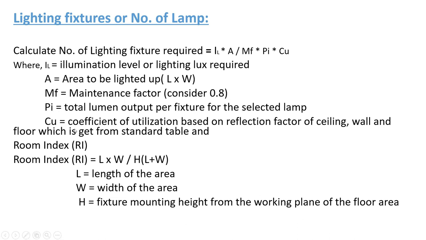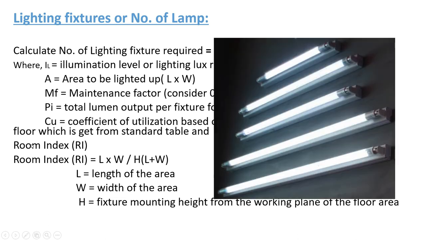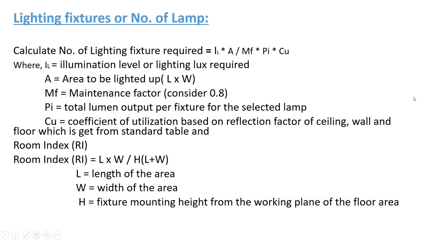in the PI. Then finally CU means the coefficient of utilization. This factor we get from three factors. It is based on the reflection of the light from the ceiling, wall and floor. Based on that correction factor we can get this CU value. Normally these ceiling, wall and floor correction factors we get from the standard table.